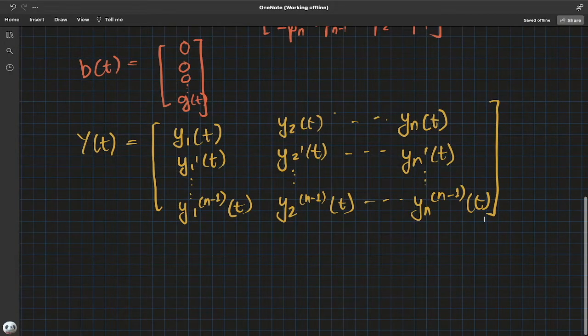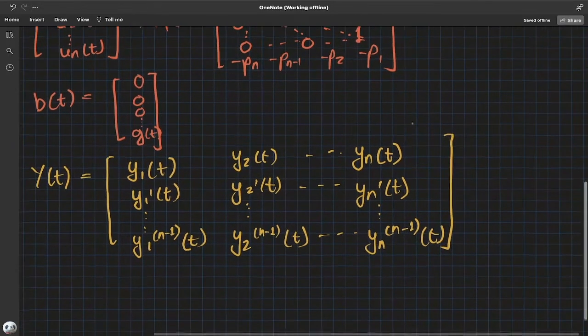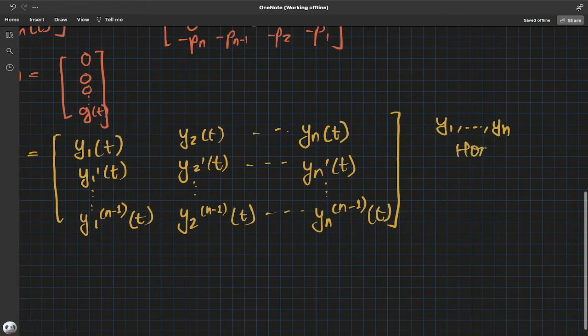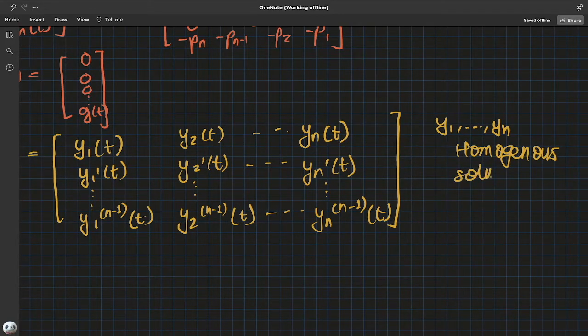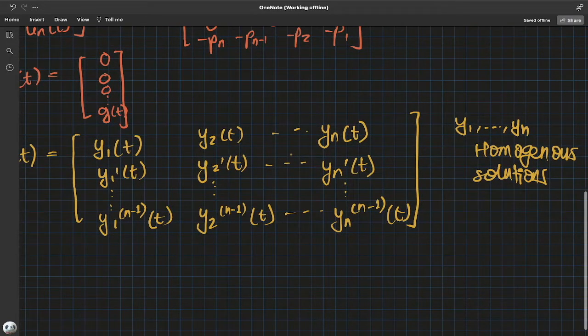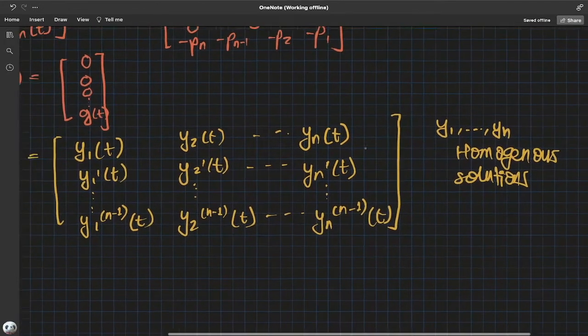Well, this kind of looks similar, and I just need to clarify one thing. y1 to yn are the homogeneous solutions to this equation. If you remember the previous page, we defined them as a with the small a.